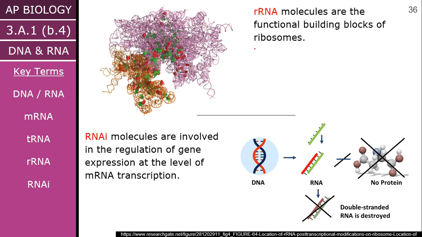And so rRNA it's a really intense RNA molecule that kind of folds in on itself and becomes really, really important during translation. But the RNAi molecules are going to be involved in regulation of gene expression, which sounds really, really scary, but we have an entire chapter for it, chapter 18. And so I don't need you to freak out about the regulation of gene expression yet. Basically, it's like, oh, sometimes I want proteins and sometimes I don't.